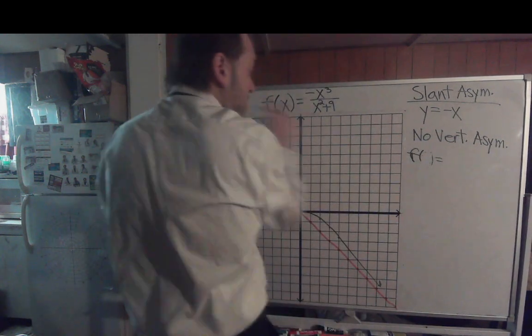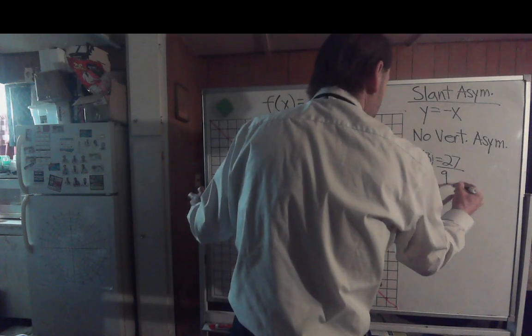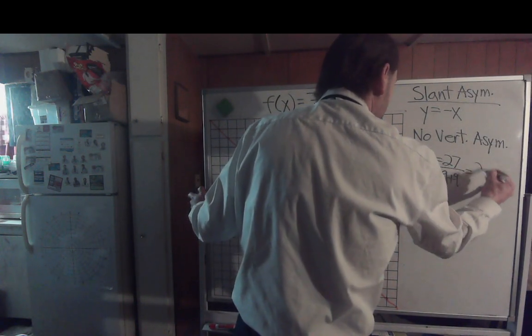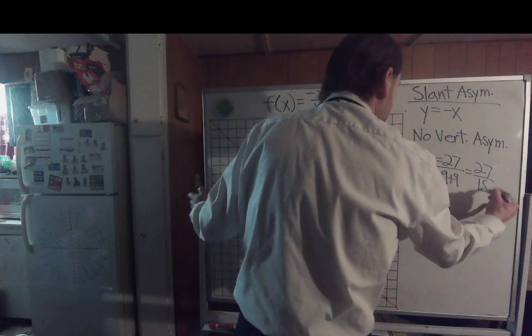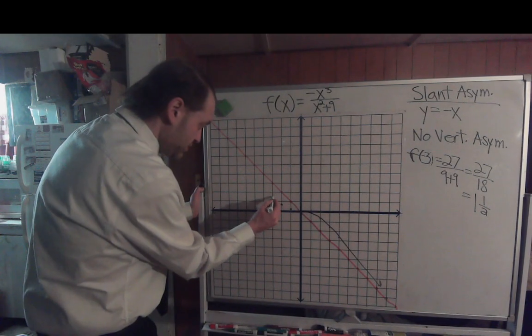And then let's do f of negative 3. You would end up getting positive 27 over 9 plus 9, which would be positive 27 over 18, which would be positive 1.5. So right there.